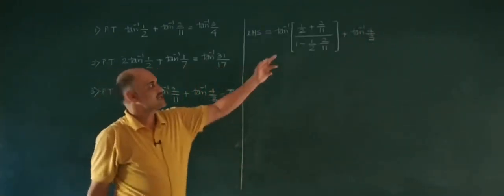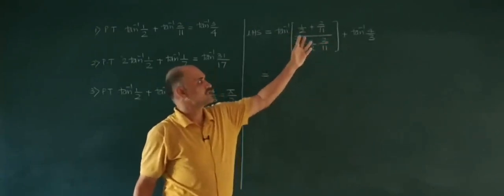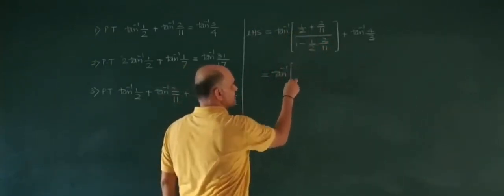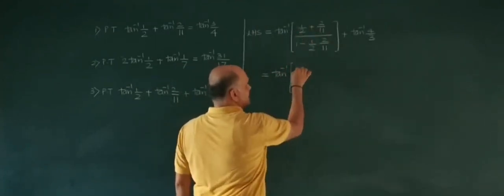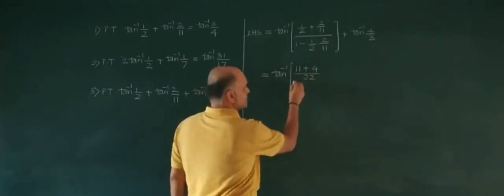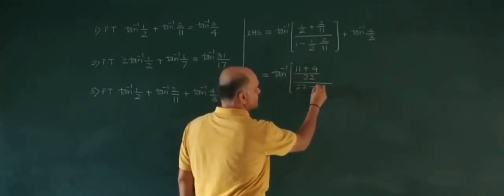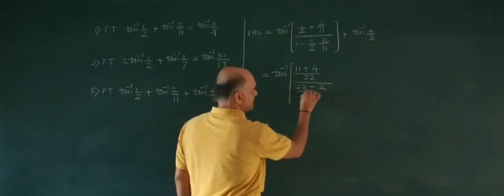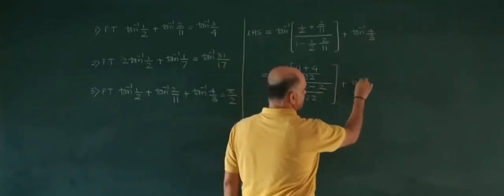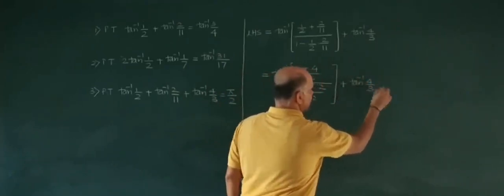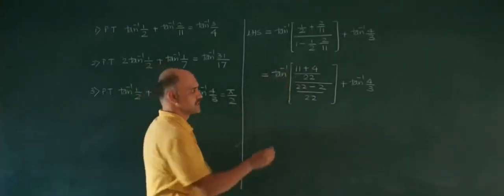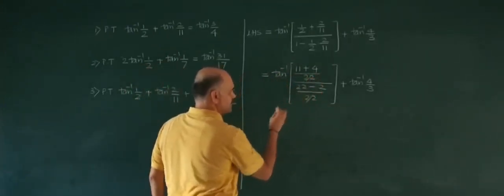Now again simplify this bracket. If I simplify this bracket by taking LCM, tan inverse of 11 plus 4 divided by 22, whole divided by 22 minus 2 divided by 22. This term as it is, tan inverse 4 by 3. So here 22 gets cancelled. 11 plus 4 will be 15.